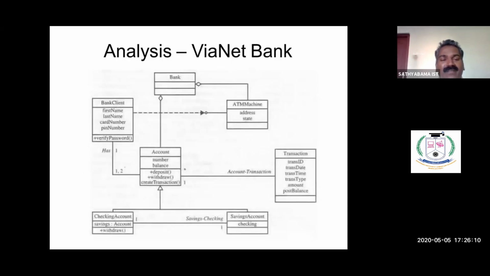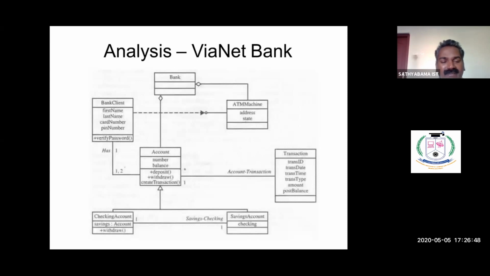The example we discussed in the previous unit, the case study, is Vionet Bank. In this Vionet Bank, after many iterations, we identified seven major classes: the bank class, bank client class, account class, ATM machine class, transaction class, checking account and saving account classes. Each class has a unique representation, its own attributes and its own methods. Here the bank class is a generalized class.